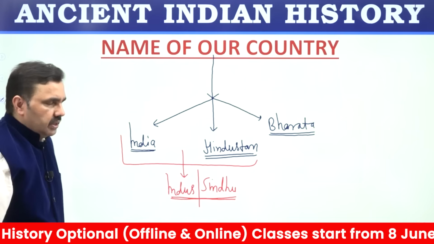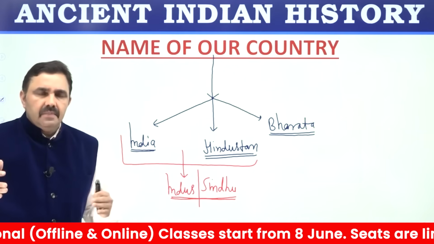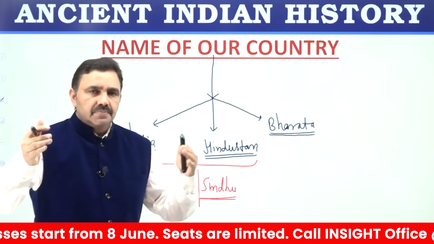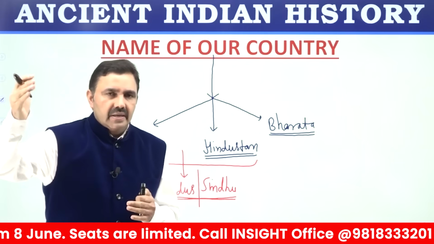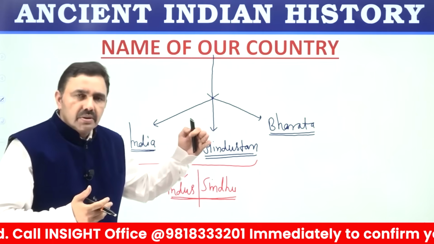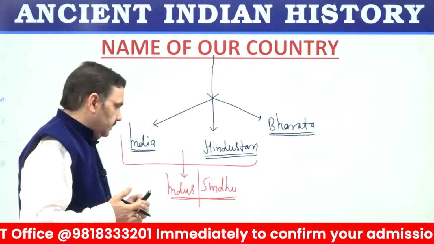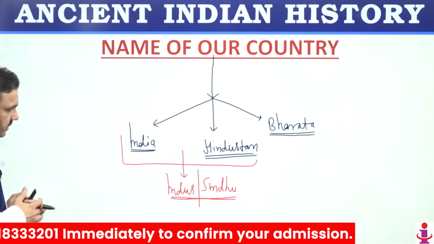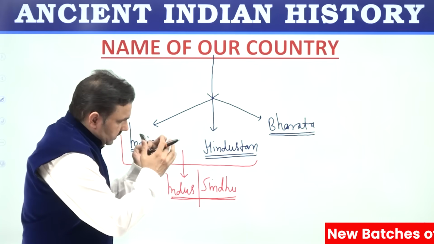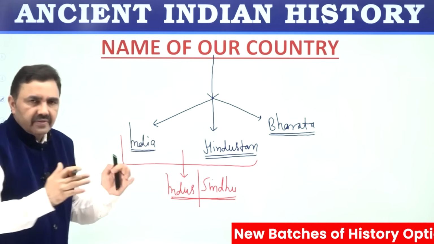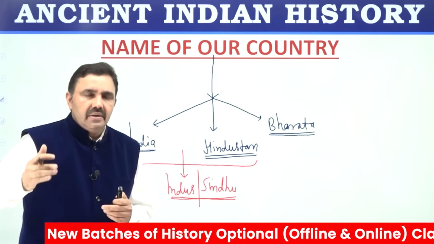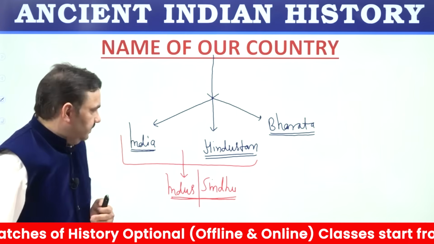So Sindhu river, Indus river originates in Himalayas, passes through parts of India, Jammu Kashmir, Ladakh, and then moves into Pakistan of today. So the knowledge of Indus river was used by foreigners to call our country or to give a name to our country.